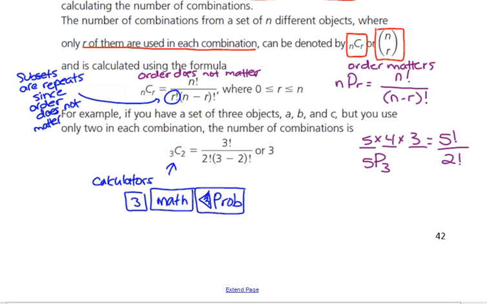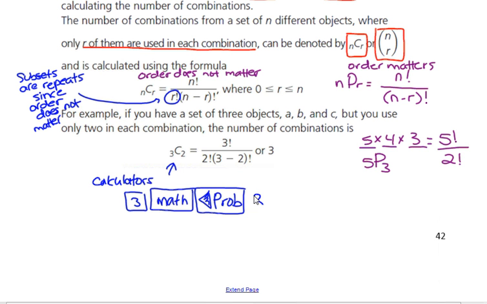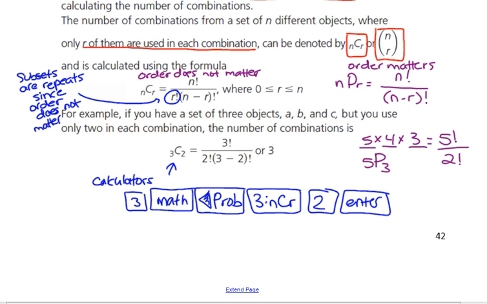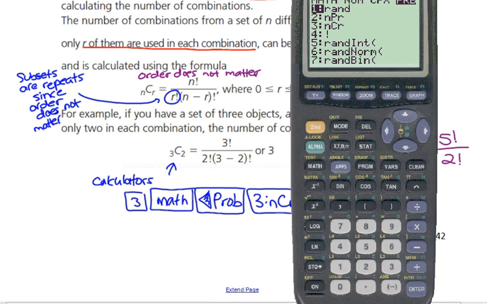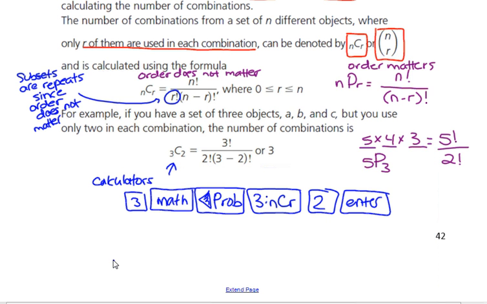Number 3 is NCR, which we want for combinations. And then 2 is how many objects we're choosing, and enter. So in our calculators, 3 choose 2 is equal to 3. So that's our calculator stuff.